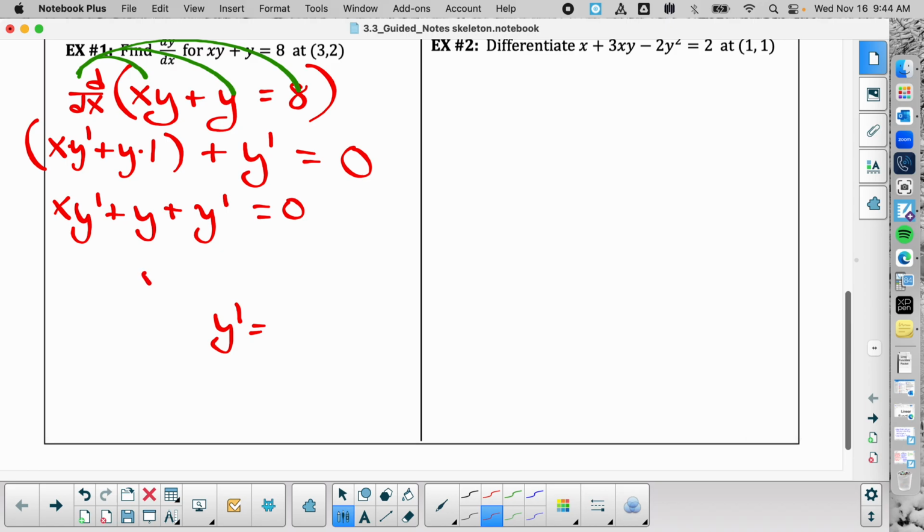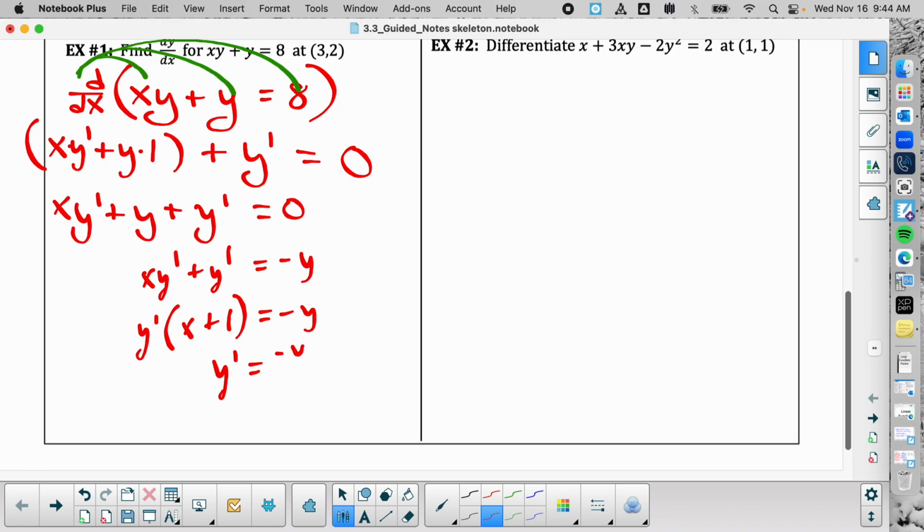And then xy prime plus y prime would equal negative y. Does anybody remember how to get y prime by itself when it's in multiple places? Factor it out. Okay, so now y prime times x plus 1 equals negative y. Y prime would be negative y divided by x plus 1.